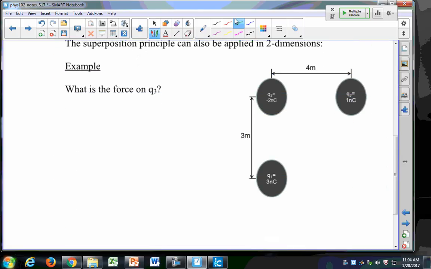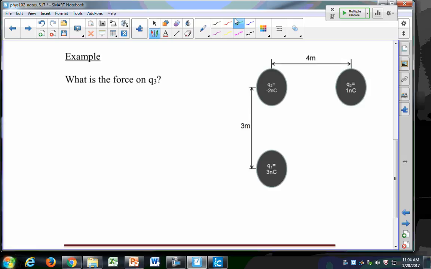So 2D problems, I want to know what is the force on Q3. Just like we did before, I'm going to label my forces on Q3. I have 2 charges. This one's positive, this one's negative, and Q3 itself is positive. So I have a force due to this charge on this charge. It's going to be left or right?